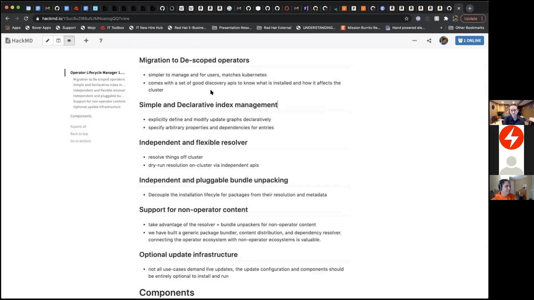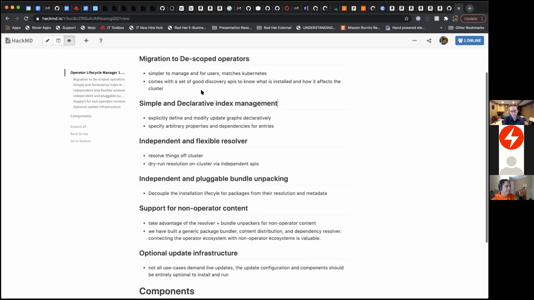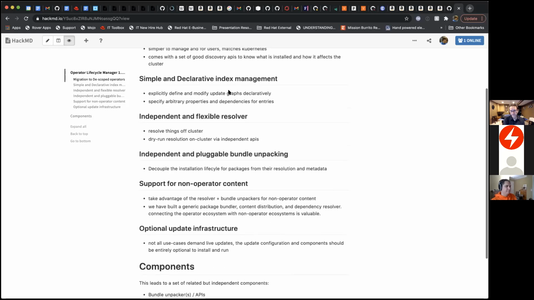So most of that is not so much explicit work in OLM as it is guiding users in how to write operators that work the way a user could expect. We have a lot more discussion on all of that, but that's one direction I want to go, because I think a lot of the UX problems that we have right now are related to scoping and all of the related namespace and RBAC issues that come with that.